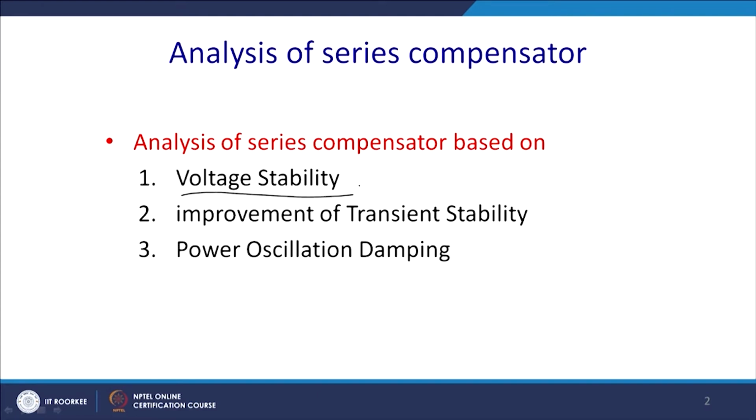Thereafter, improvement of the transient stability, the same as was discussed in the case of shunt compensation, will be designed here, and we will see the difference between these two and where you will fit what. And power oscillation damping, these are the most desirable features that can be enhanced or mitigated by the series compensation.